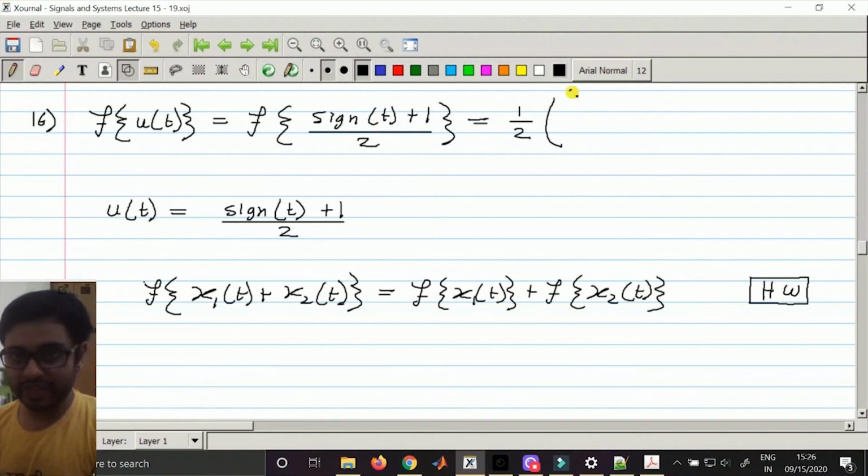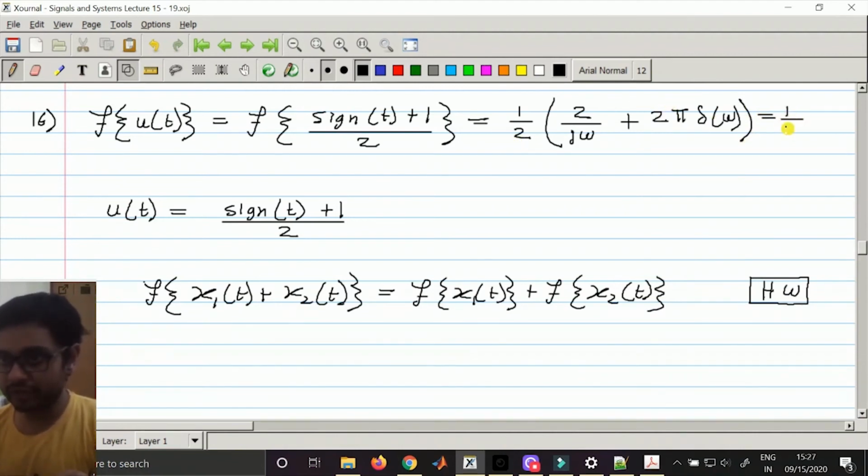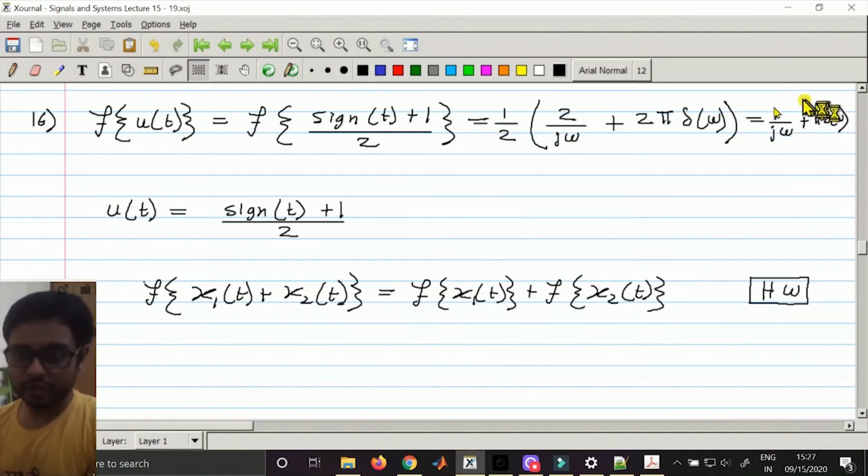The Fourier transform of signum t is 2 by j omega, which we calculated just now, and the Fourier transform of 1 is 2 pi delta(omega), which we calculated today. So the 2 goes away, and we have 1 over j omega plus pi delta(omega). That is the answer, a very nice and important result for us.